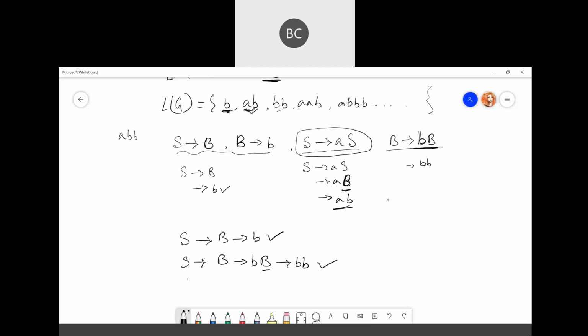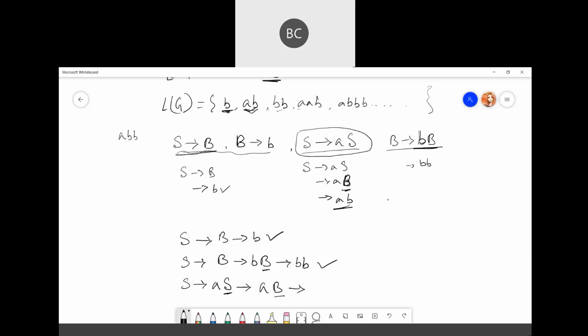Okay. Now let's take the other production S equal to aS. Okay. From here, for this S, I can use this production rule. That means S goes to capital B. Okay. From here, again, I can replace B with small b.